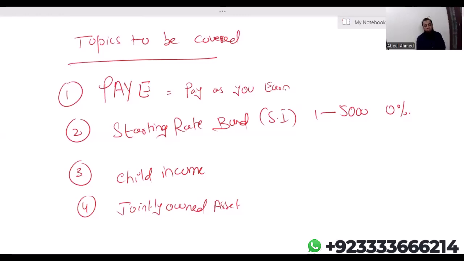The name is pay as you earn. So pay as you earn means this is the tax which the individual has paid in advance, and you will see this in case of employees. Now the question is, if someone has already paid the tax in advance, how to deal with that? So let me repeat, the concept of PAYE means simply the tax which the individual has paid in advance.